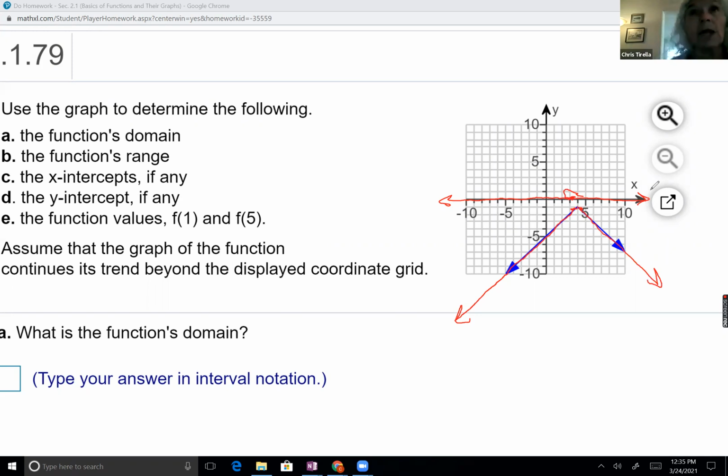There is no stop or start. It just keeps on going in both directions. So the domain would be all real numbers. All real numbers would be the interval from negative infinity to infinity. Because of those arrowheads, it never stops. It just keeps on going.